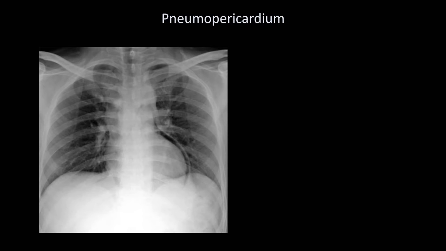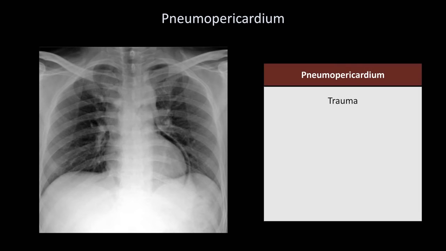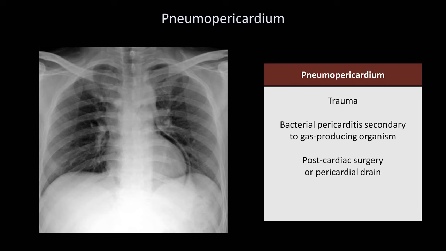While pneumopericardium can outline the base of the aorta and pulmonary artery on occasion, it cannot extend further superior to the aortic arch or neck. Etiologies include trauma, bacterial pericarditis secondary to a gas-producing organism, a consequence of cardiac surgery or pericardial drain, or very rarely a fistula between the pericardium and either the lung, stomach, or esophagus.